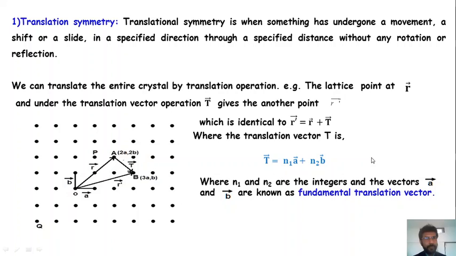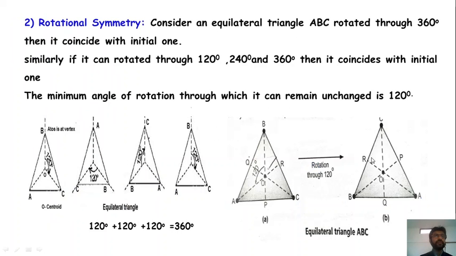In this way, in the lattice structure, we can translate any lattice point or any unit cell through some distance with the help of the fundamental translation vectors, and that is known as translation symmetry.